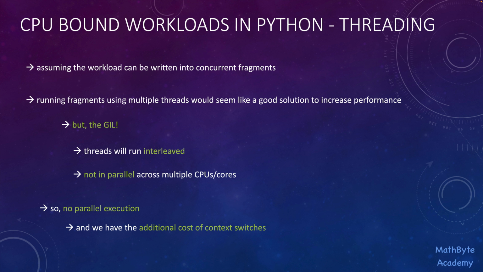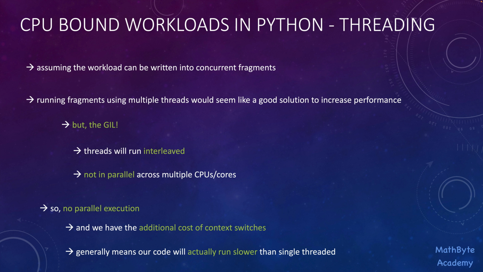So we really haven't gained anything by multithreading that CPU-bound workload. But not only that, now we have the cost of context switching as well. So in general, that means that our code is actually going to run slower than if it was single-threaded.